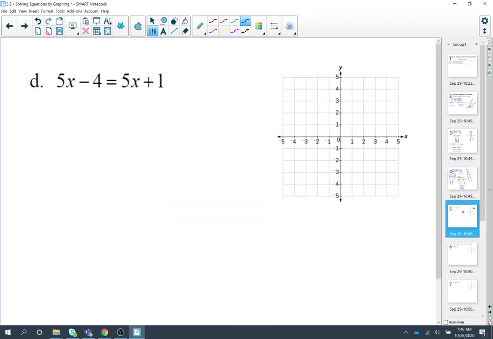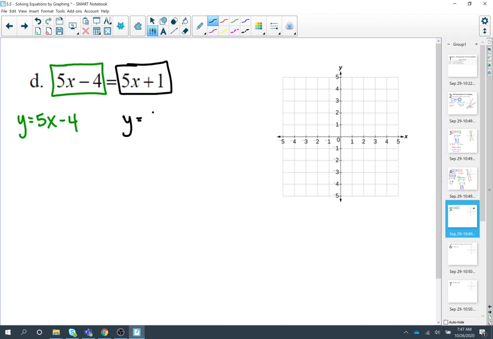Letter D, let's see how we do with this one. If we start with trying to solve this graphically, my first one is going to be y equals 5x minus 4. My second one is going to be y equals 5x plus 1. If I start with the green one, my y-intercept is -4 and my slope is 5 over 1.